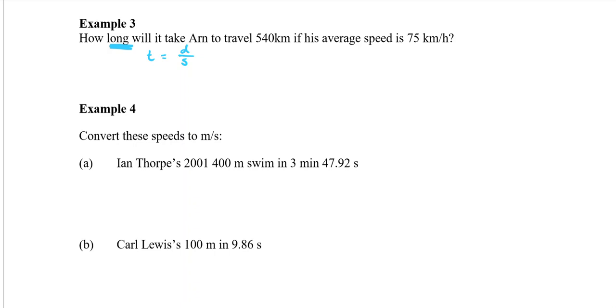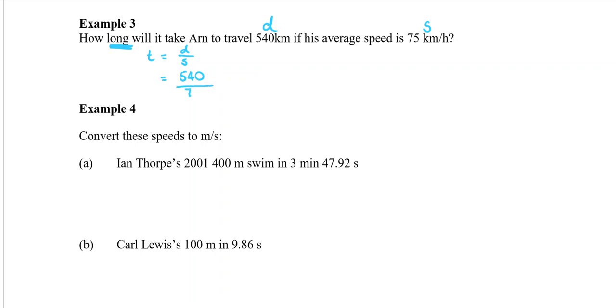So how long will it take Arne to travel 540 kilometres? So that is a distance. If his average speed is 75 kilometres per hour. So I've labelled my distance and my speed. Let's put them into the formula. The distance is 540 kilometres. Actually, I don't need to write the kilometres, but it's 540.